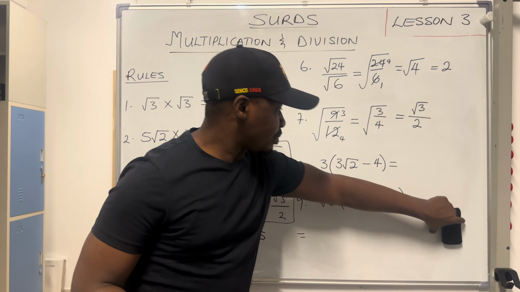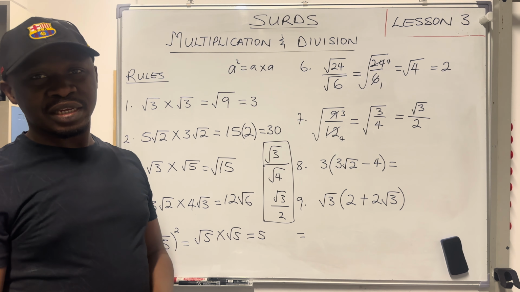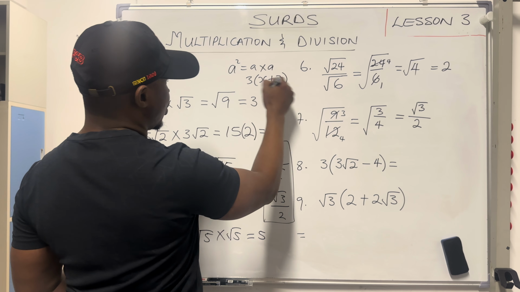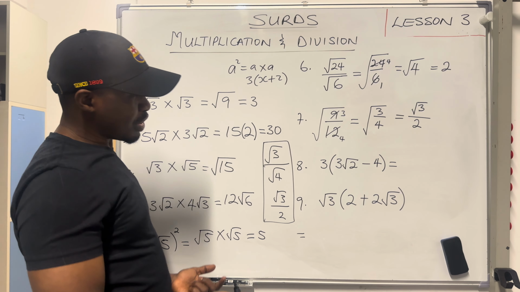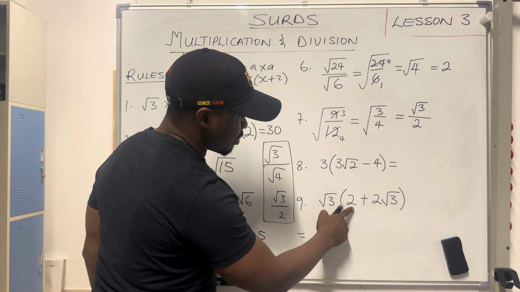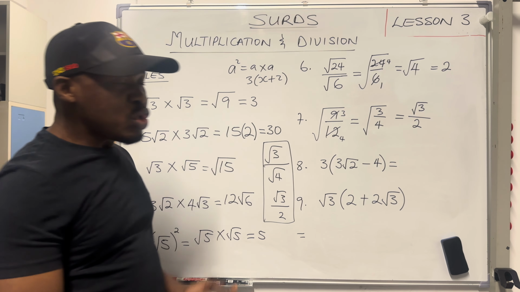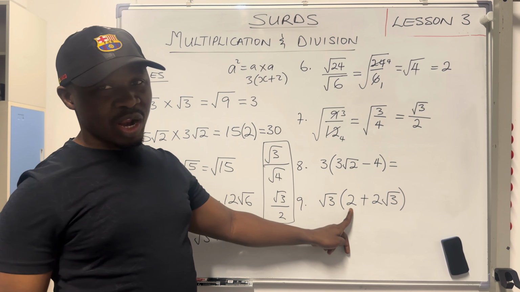We come to this one. Just like when you used to expand in algebra, when you say 3 into x plus 2, you say 3 times x, 3x, 3 times 2, 6. So here again, root 3 times 2, there is 1 here. You cannot unite a surd and a rational number.